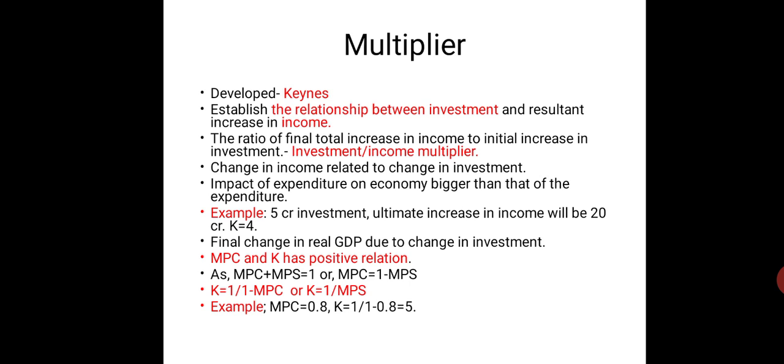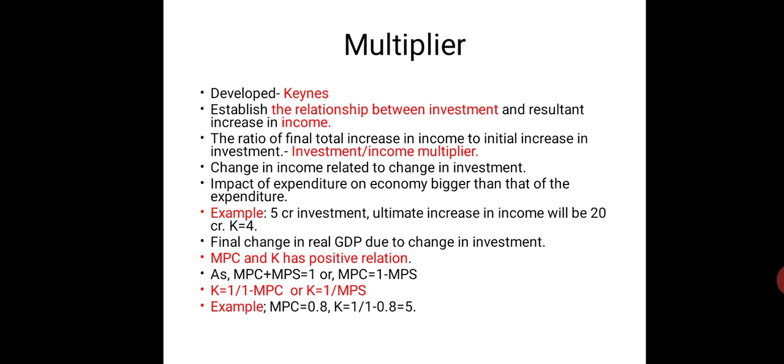The same concept was taken by Keynes. In the same fashion, Professor Keynes, in his book General Theory of Income, Output and Employment, argued that an increase in investment in the economy would result in a manifold increase in income. So there Khan concentrated on employment. Here Keynes concentrated on investment and its effect on income.